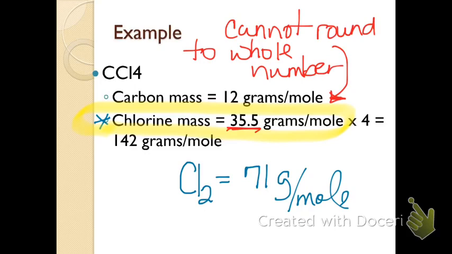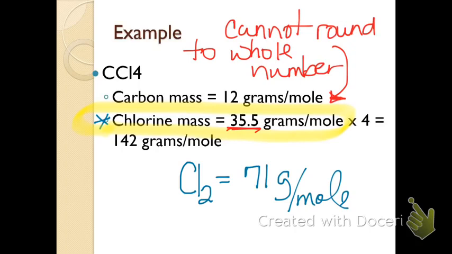Notice it is 35.45 grams per mole. You can round it to 35.5 grams per mole, but you cannot round that to 36. Anything else on the periodic table, you can round. Feel free to round. But when it comes to chlorine, you cannot round chlorine. It has to be 35.5 grams per mole. Make a note somewhere.